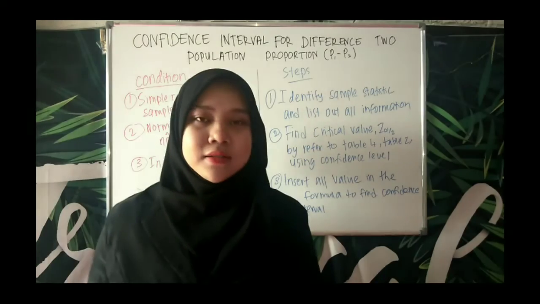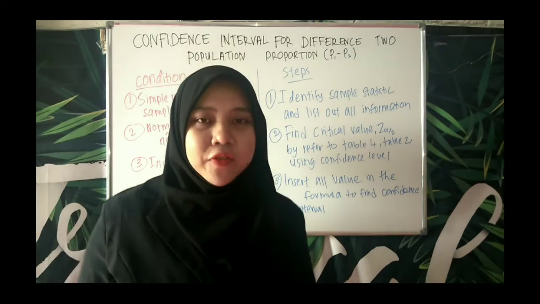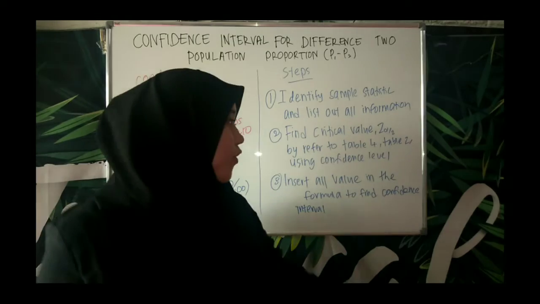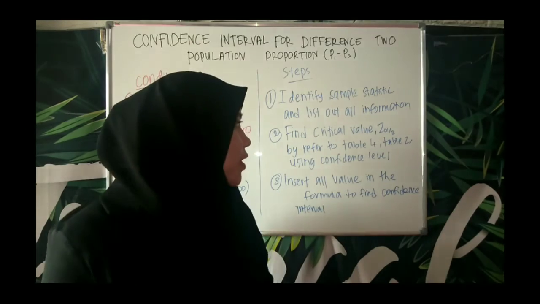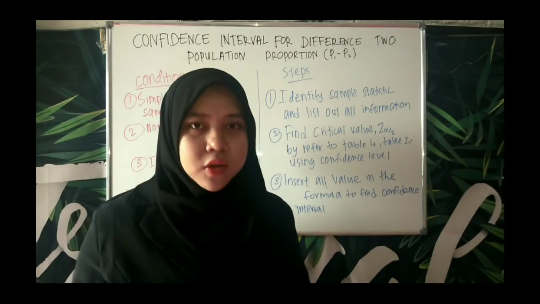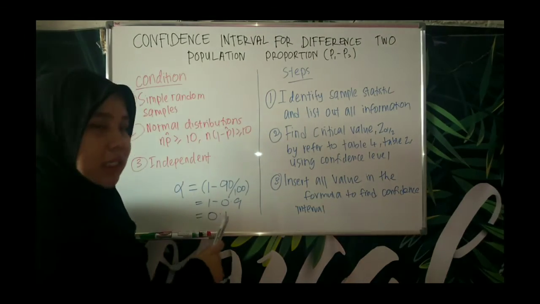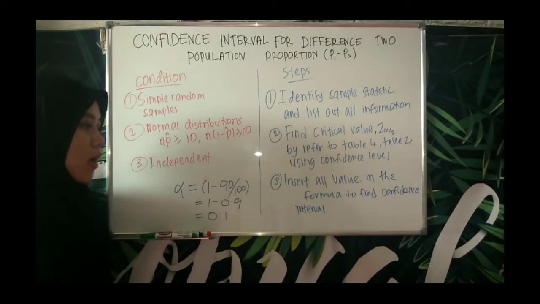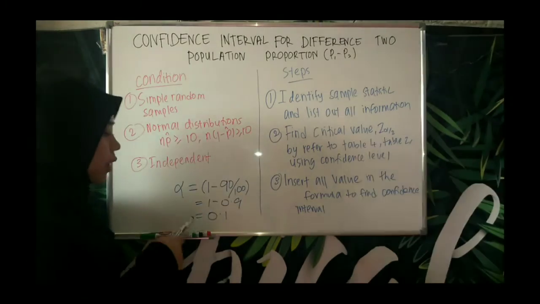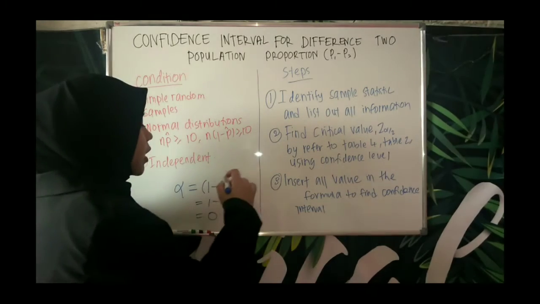Then step number 2, we find the critical value using the confidence level. The formula is Z alpha over 2, where alpha is 1 minus the confidence level, and we get alpha.